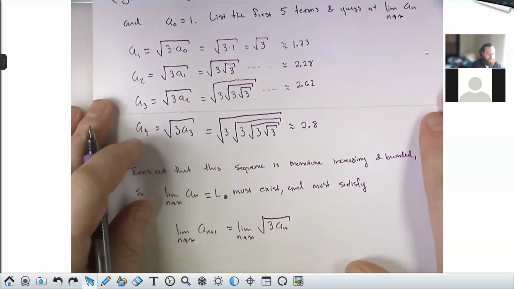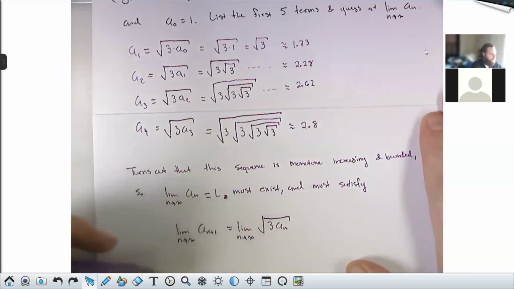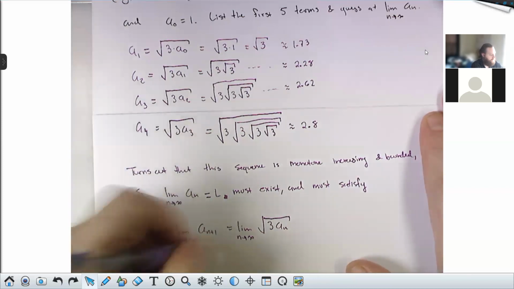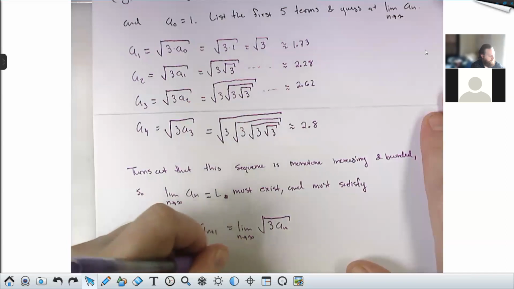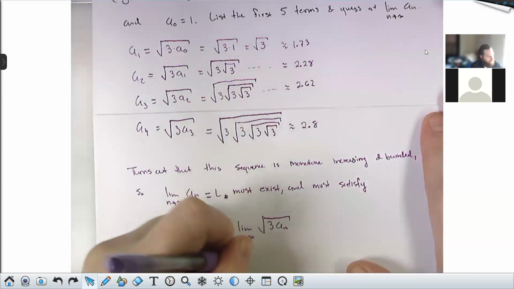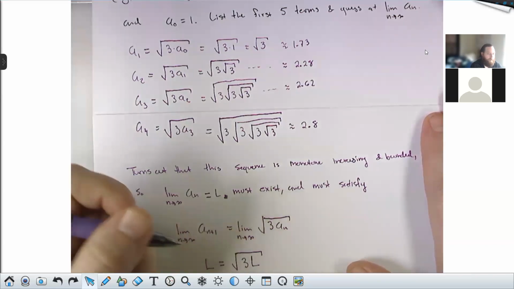And we said earlier that if a_n has limit L, then a_(n+1) has to have limit L. So this would say L is equal to the square root of 3L. And that's an equation we can solve.